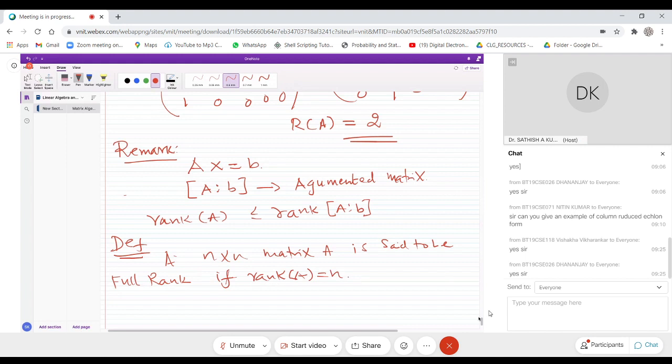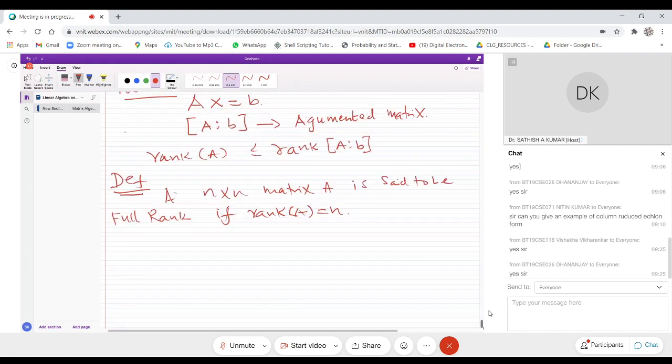Suppose you have a 3 by 3 matrix and the rank is 3, then you have this. Okay, so we'll see this as a result.